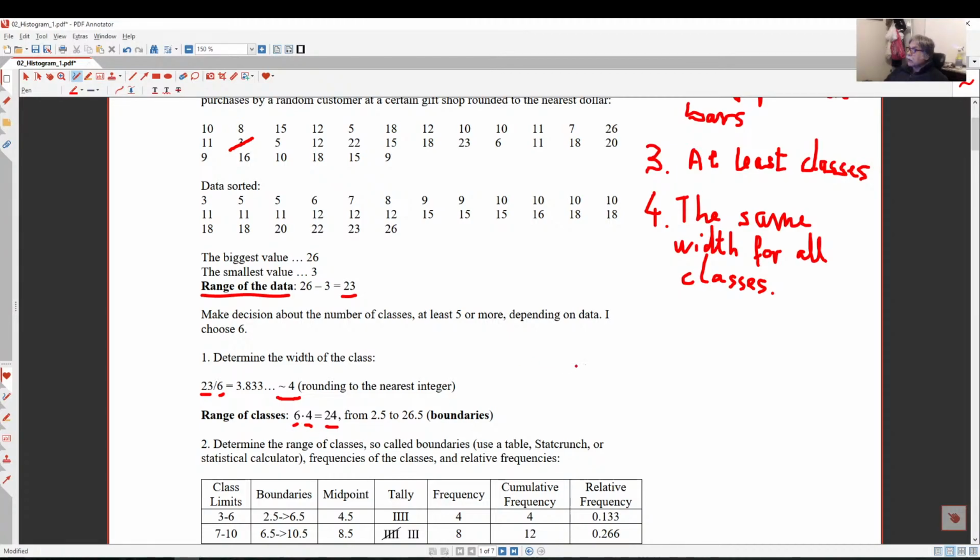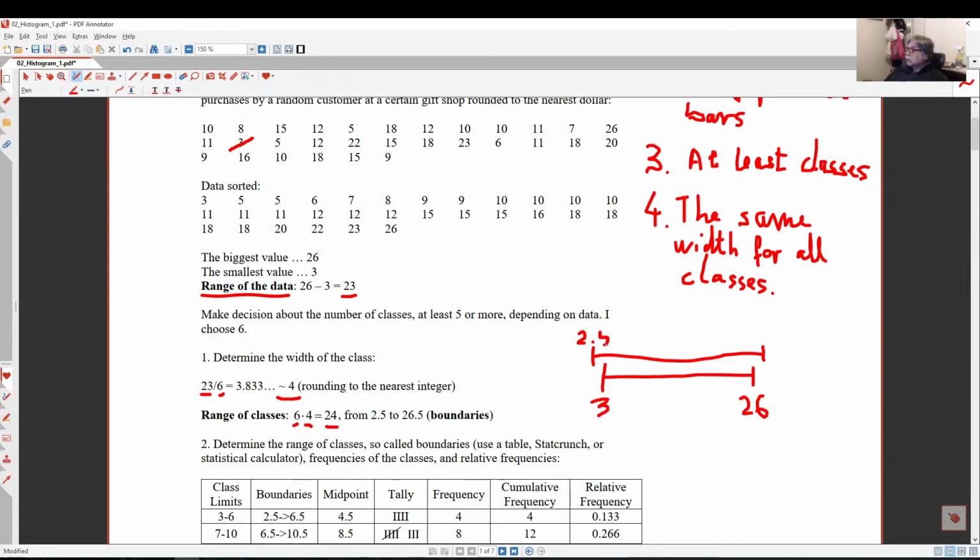Now you have to decide how you're going to cover that. Since the range of the data is between 3 and 26, you have to make your classes in a way that you are going to cover all of that. So that makes, in unbiased way, I would start with 2.5 and I ended up with 26.5.